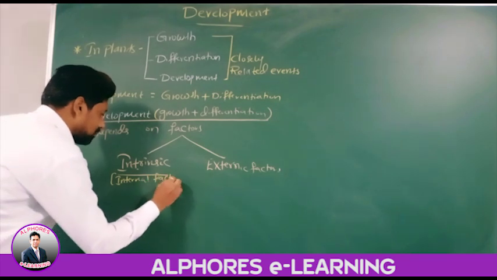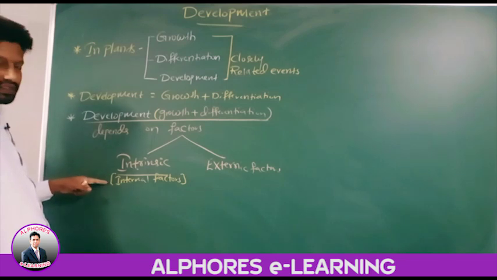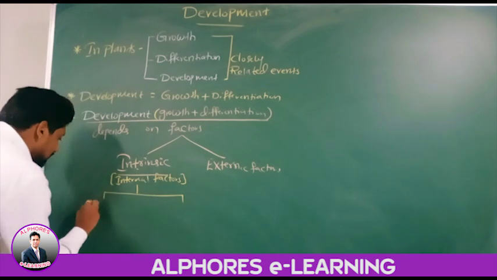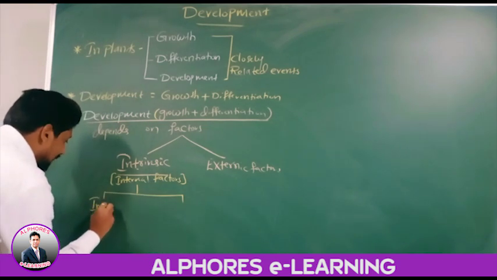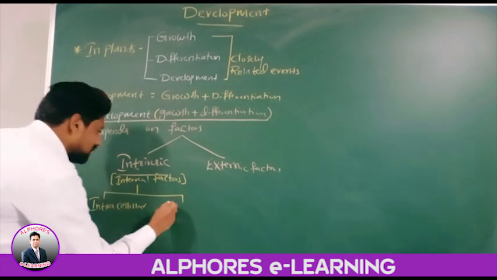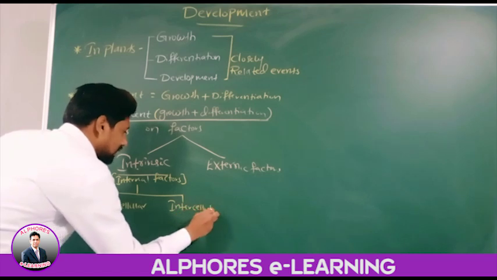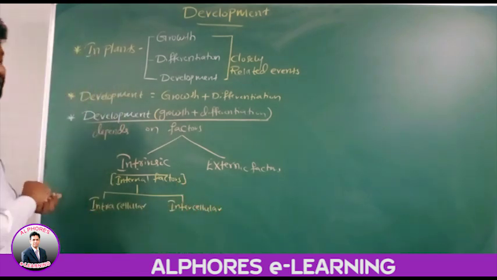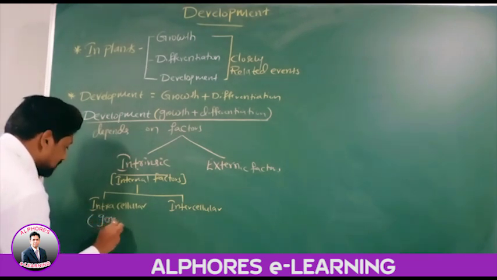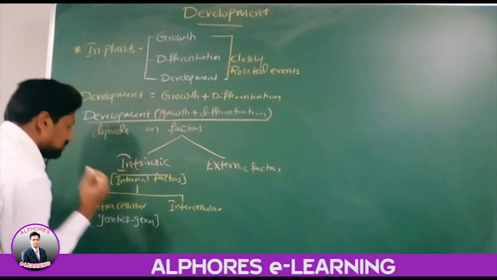This statement is important. Listen carefully. Intrinsic factors are also called what? Internal factors. These intrinsic factors may be intracellular or intercellular. What is the first one? Intracellular. Intracellular means nothing but genes, that is genetics. Is it okay?